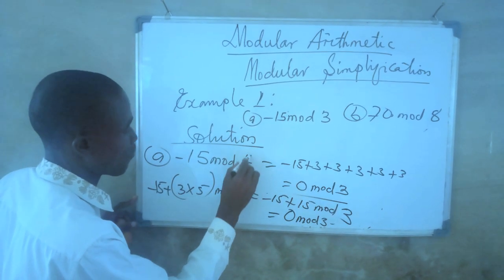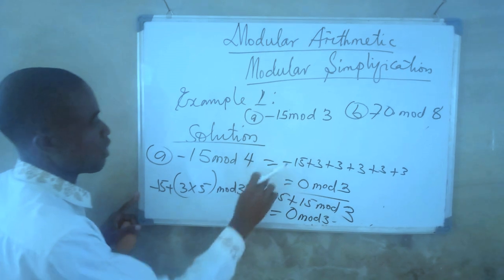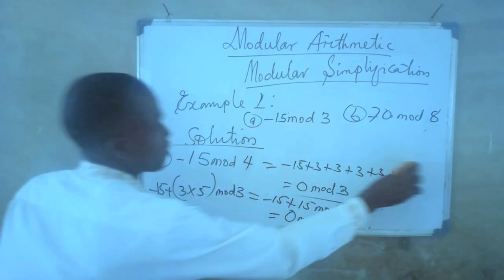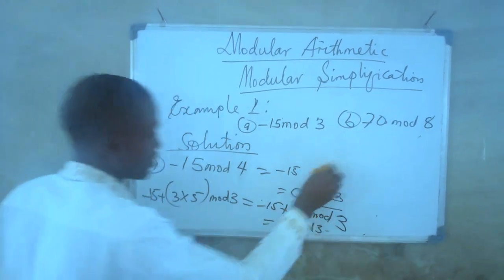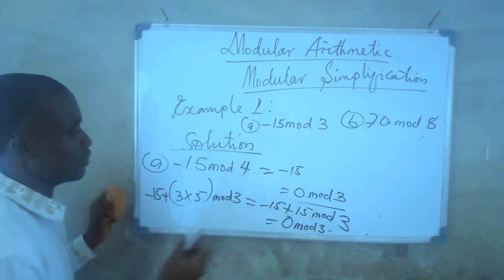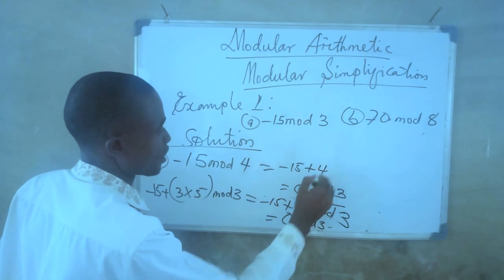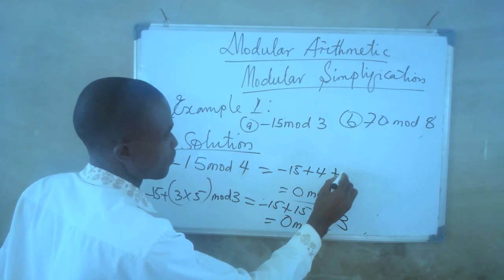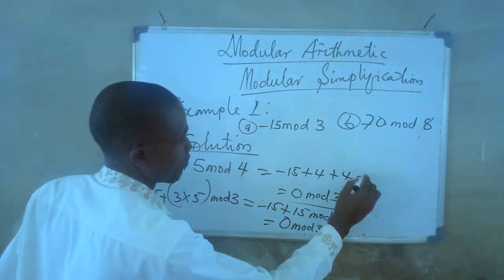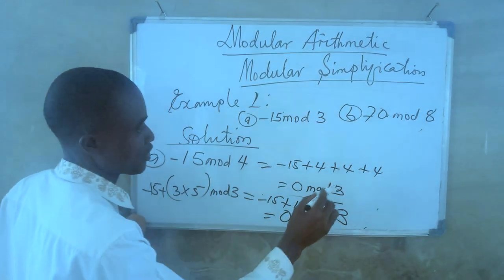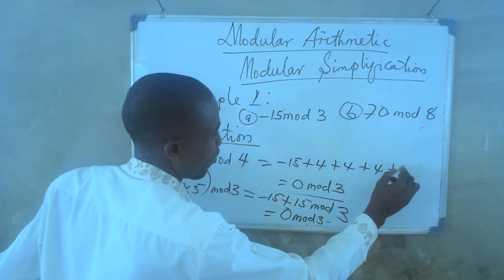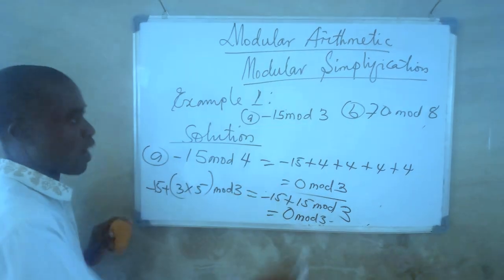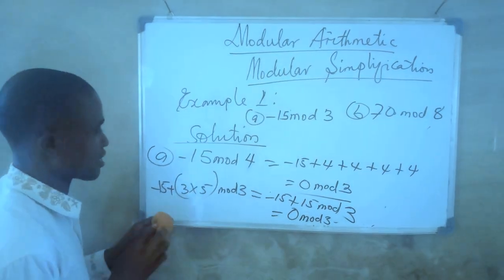For better understanding, let me take this to another modulo. Let me say modulo 4. What am I going to do? I will continue to add 4 to that minus 15 till you have a positive value. Then I have plus 4 giving us minus 11, plus 4 giving us minus 7, plus 4 giving us minus 3, and then plus 4 giving us positive 1. So this will be the answer.